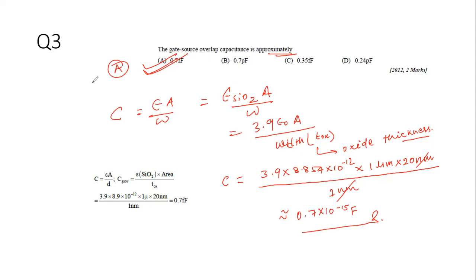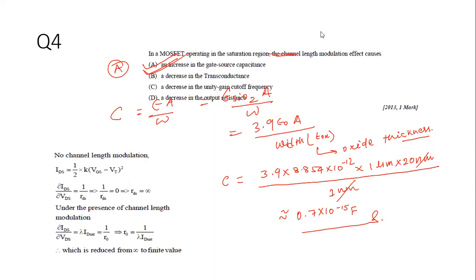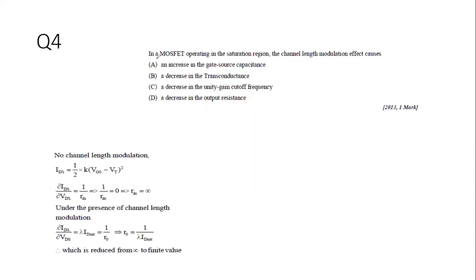Now come to the next question. In a MOSFET operating in the saturation region, the channel length modulation effect causes what? My dear students, I have already taught you the channel length modulation, due to increase in what?